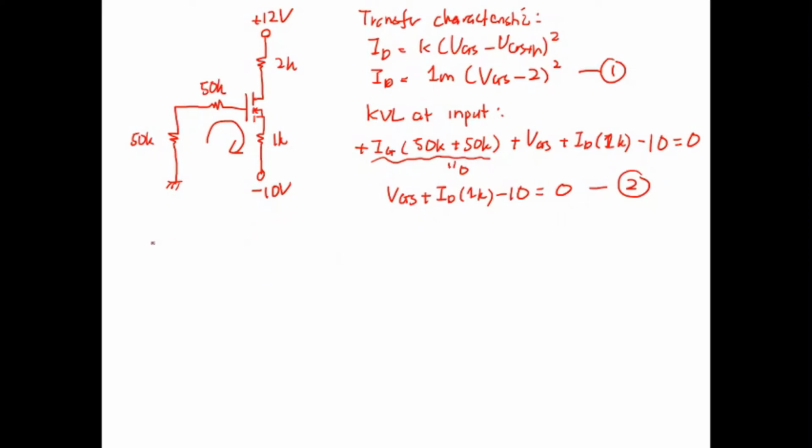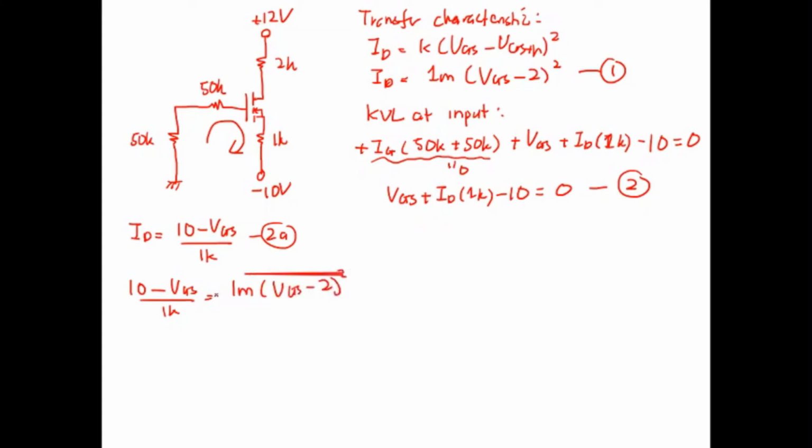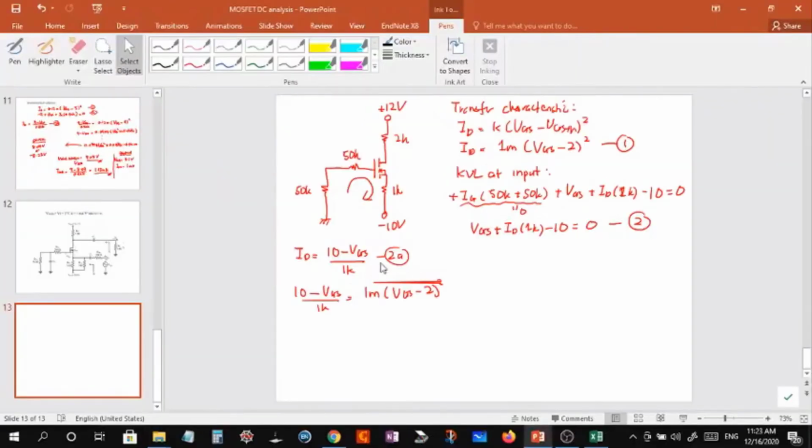For the mathematical solution, from the second equation, you can define ID equal to (10 minus VGS) over 1K. This is your equation 2a. Insert 2a into 1, so you get (10 minus VGS) over 1K equal to 1 milli times (VGS minus 2) squared.